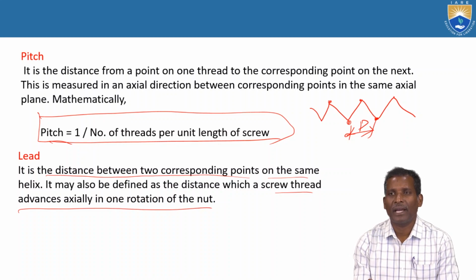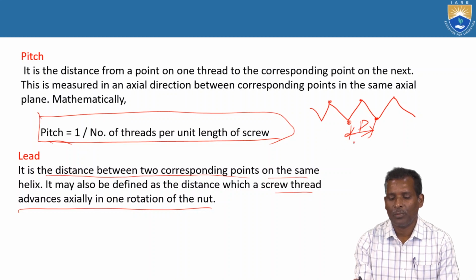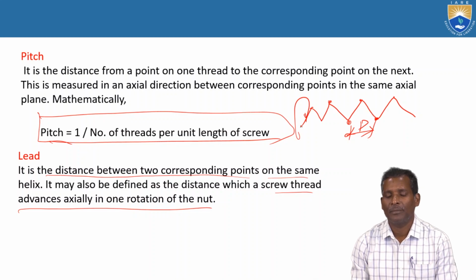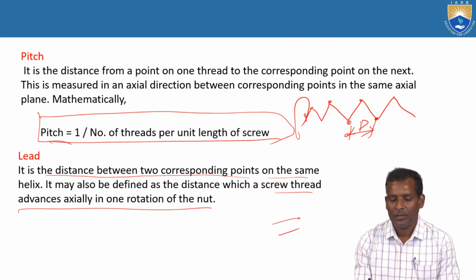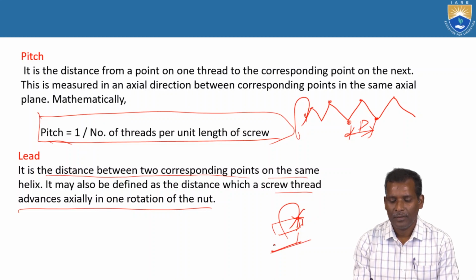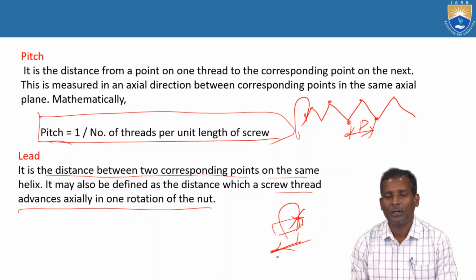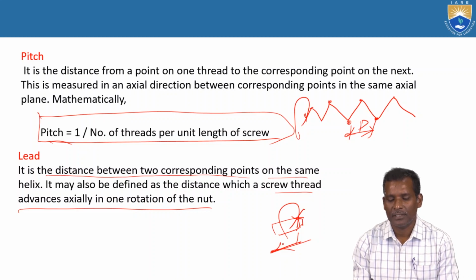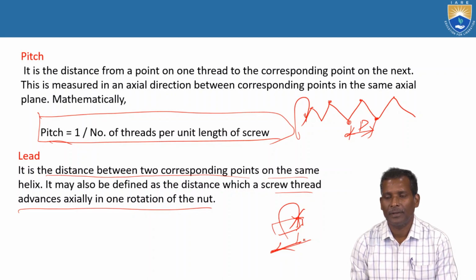So how much does it travel from one point when it is in rotational motion? Suppose a screw thread is in rotational motion, how much does it travel from one point to another point? The measured distance is called lead.